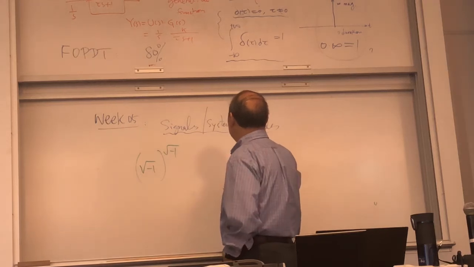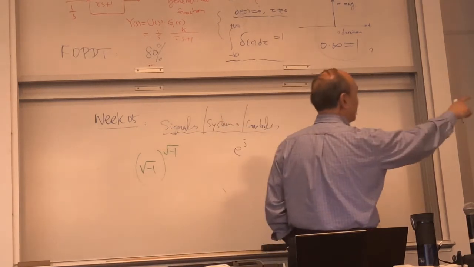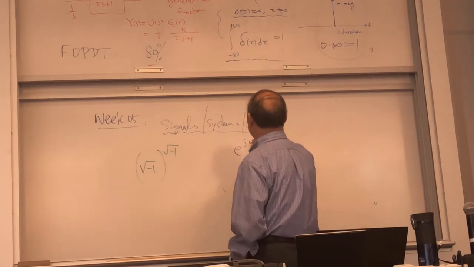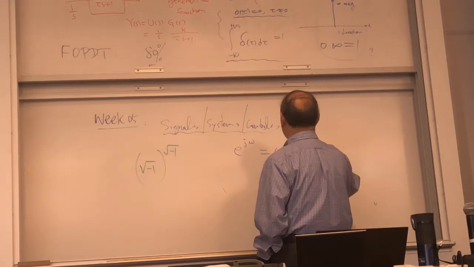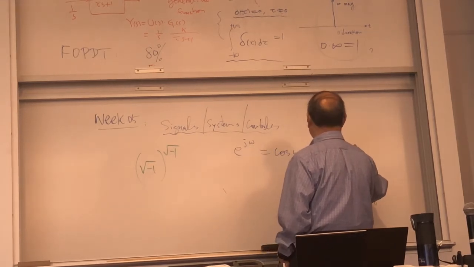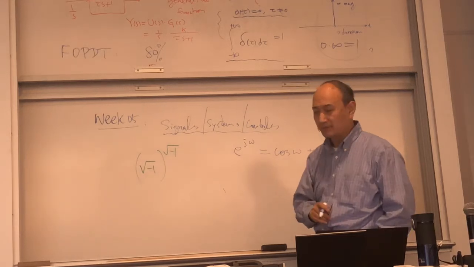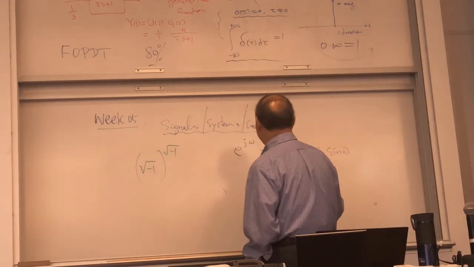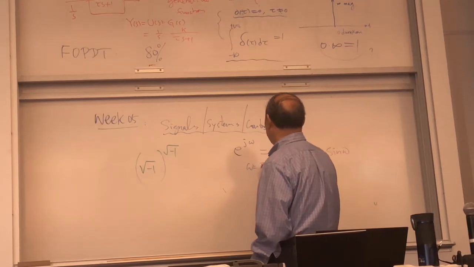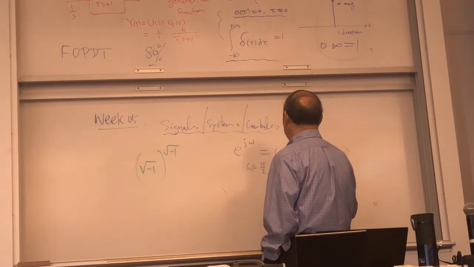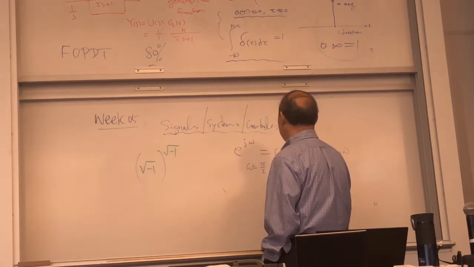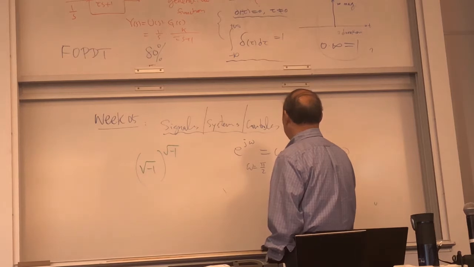So I know that e to the j omega is cosine omega plus j sine omega. This is called Euler's formula. Therefore, I set omega to be pi over 2. I'm going to have 0 plus j, which is e to the j pi divided by 2.